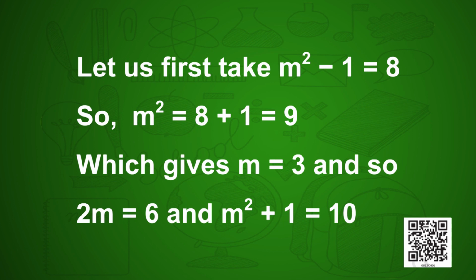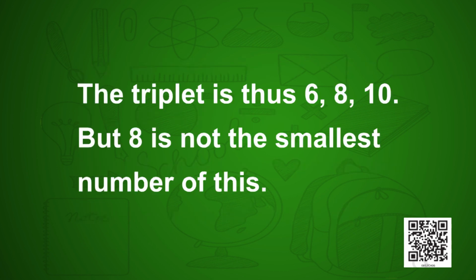So m square is equal to 8 plus 1, that is 9, which gives us m is equal to 3. So 2m is equal to 2 times 3, that is 6, and m square plus 1 is equal to 3 square plus 1, that is 10. So the triplet is 6, 8 and 10, but 8 is not the smallest number of this.